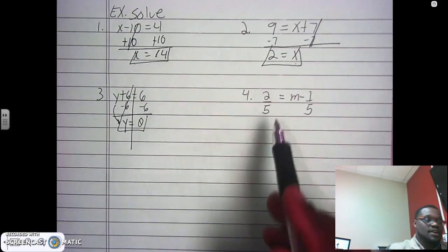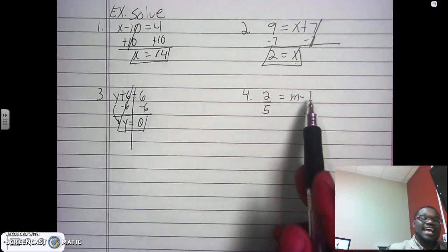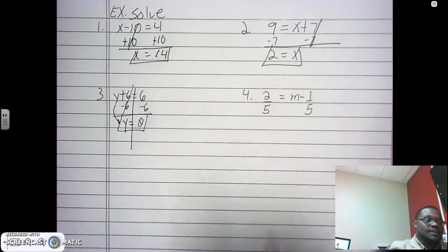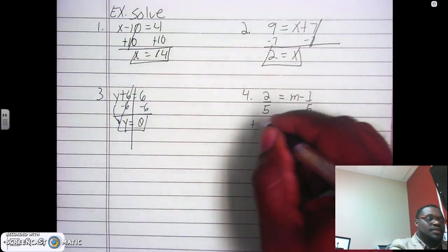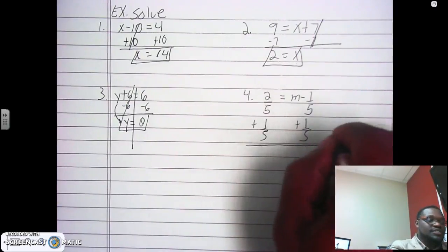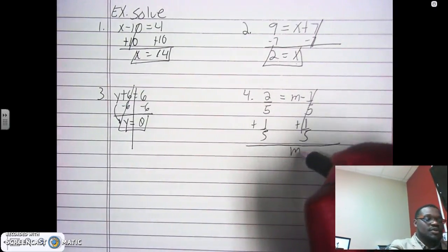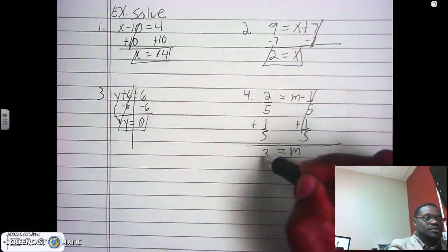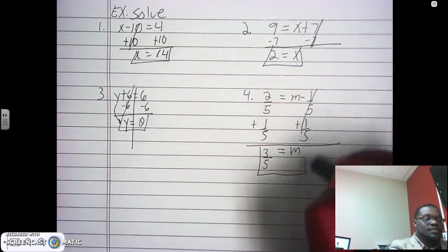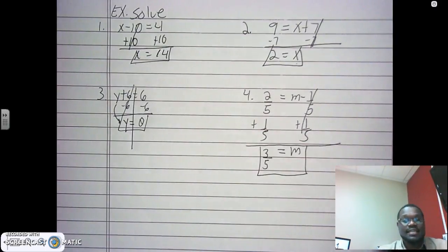And since these are related through subtraction, then I have to add in order to remove it. So if that's being subtracted by 1/5, I add 1/5. It doesn't matter that it's a fraction. That goes away to 0, and you're left with 2/5 plus 1/5, and you get 3/5. And that is how that works.